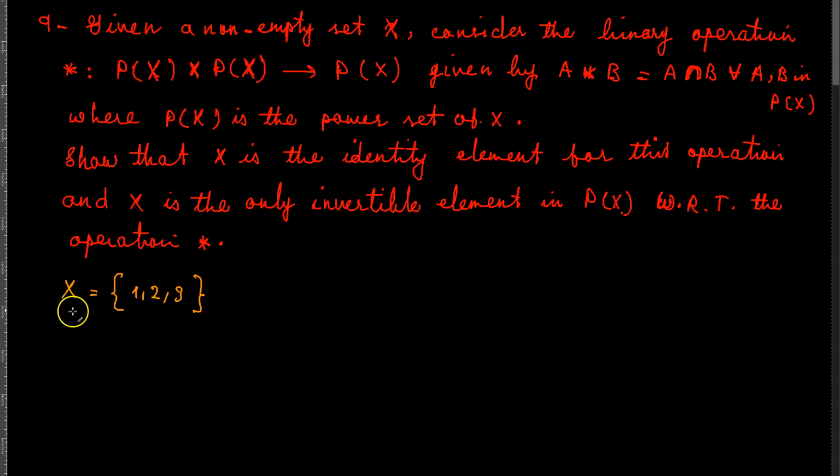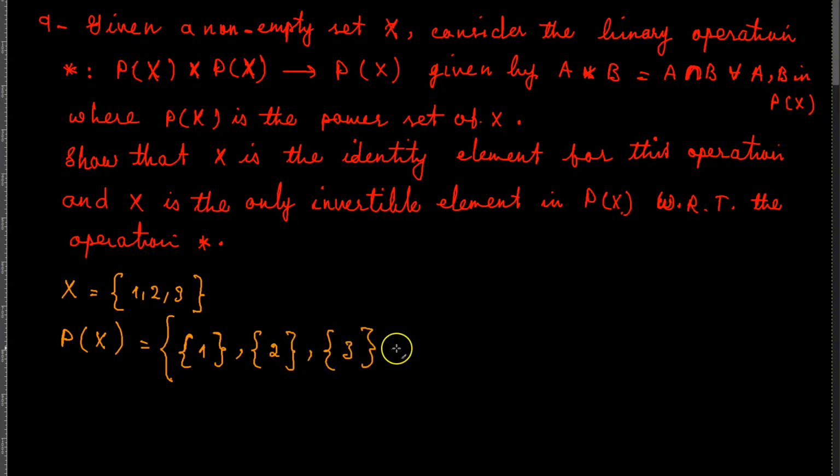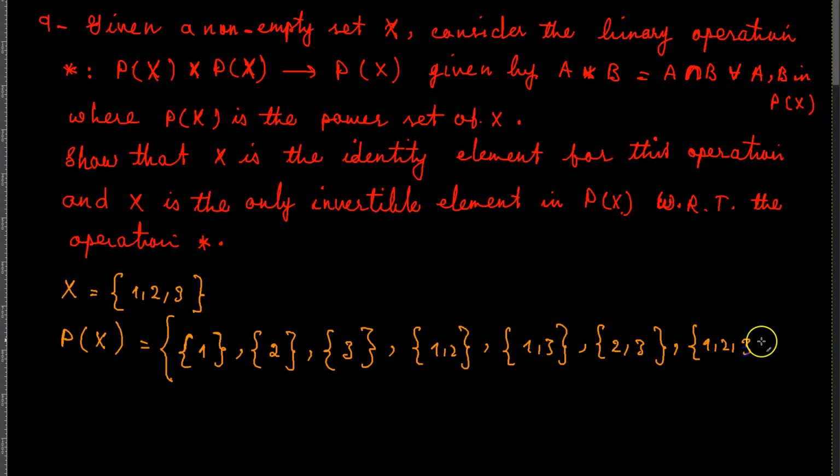Now the power set of X is a set that contains all of the subsets of this set, which means that P of X is the set containing {1}, {2}, {3}, {1, 2}, {1, 3}, {2, 3}, {1, 2, 3}, and the set containing nothing, the empty set.